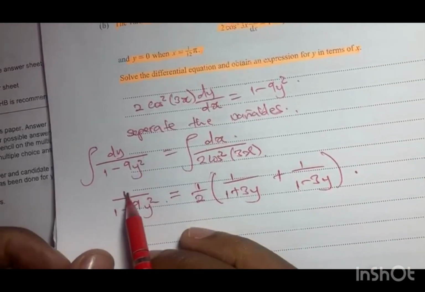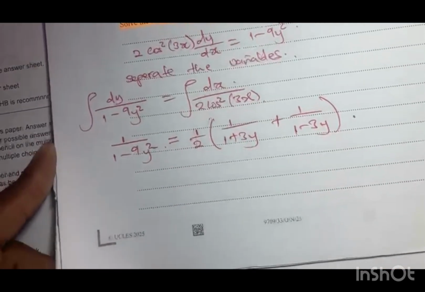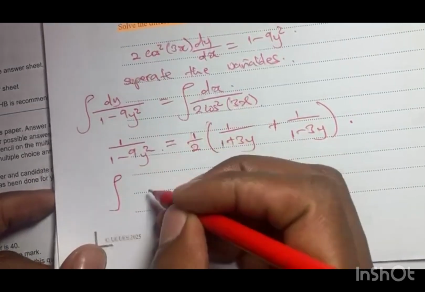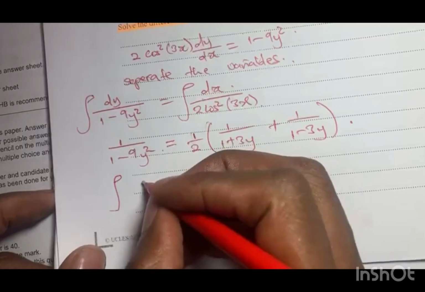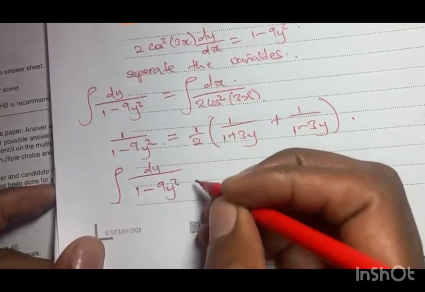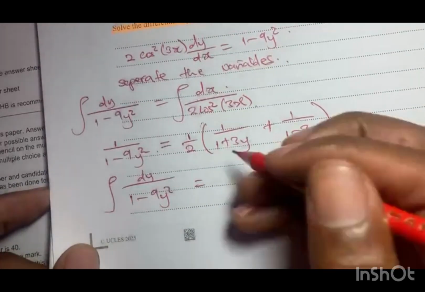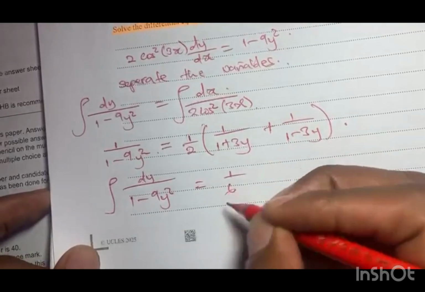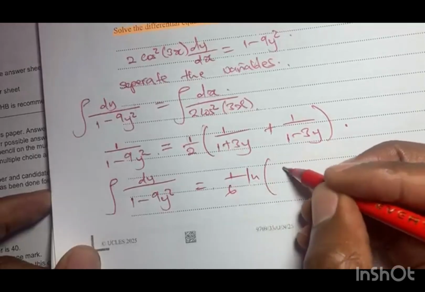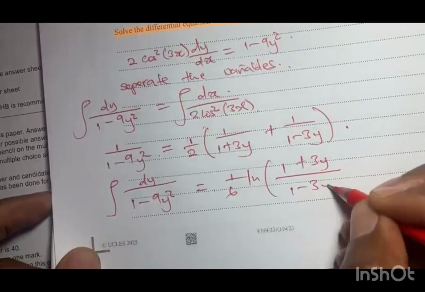Okay. Because the 2 which was here, I divided it to take it this side. So the integral of dy over 1 minus 9y squared, if I integrate it, I'll get 1 over 6 ln of (1 plus 3y) over (1 minus 3y).